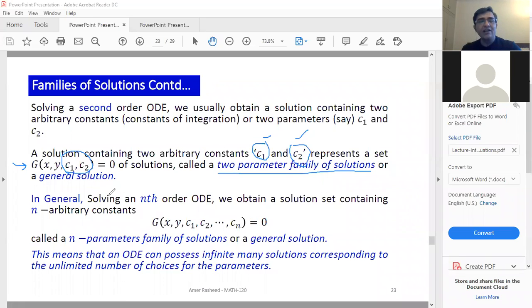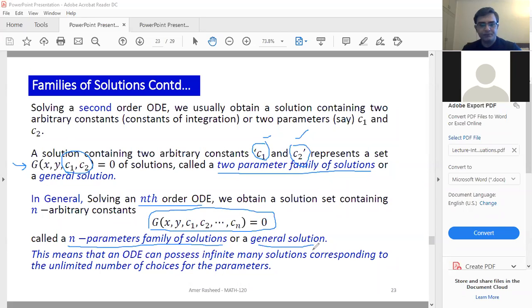Similarly, if we generalize this concept, if we have an nth order ordinary differential equation, we have to integrate it n times, and we will definitely get n constants of integration. The general solution can be written in this form, and this is called an n parameter family of solutions or the general solution.